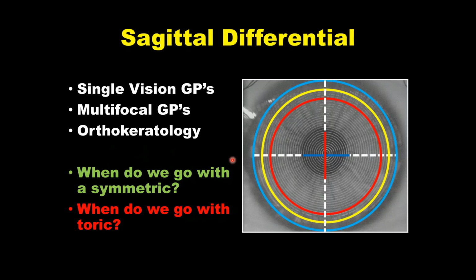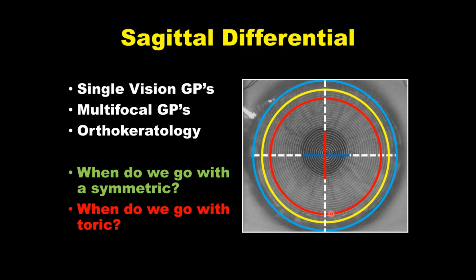Well, let's think about the eye a different way. Remember that K readings are measuring 3 millimeters of the center. They're not measuring where a 9.5 millimeter lens would land, where a 10 or 11 millimeter lens might land itself. We want to understand the eye shape toward the periphery.